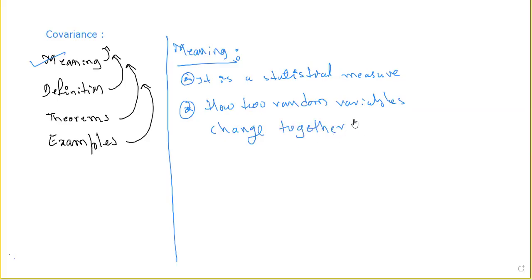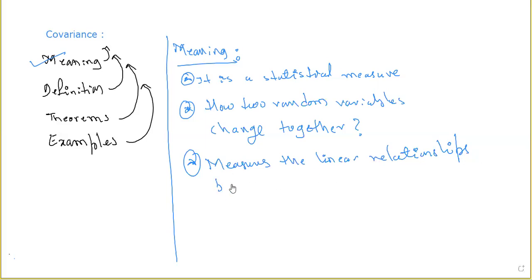It means that it measures the linear relationships between any two random variables. Is it clear? So this is the meaning of covariance.